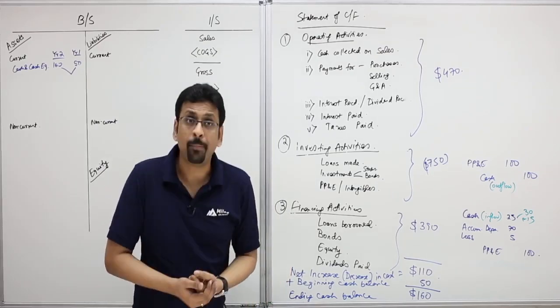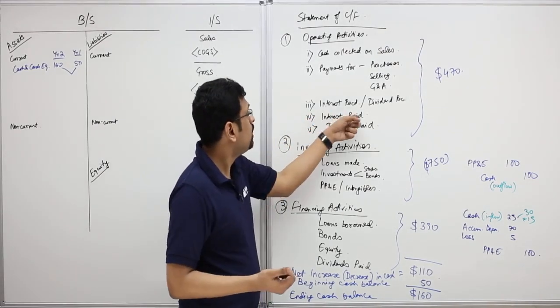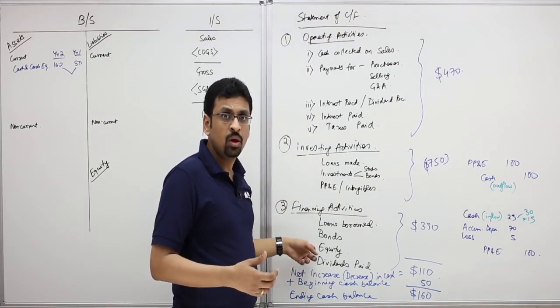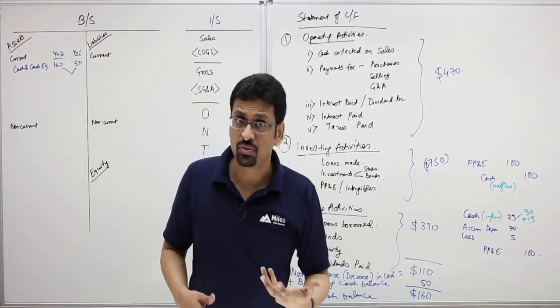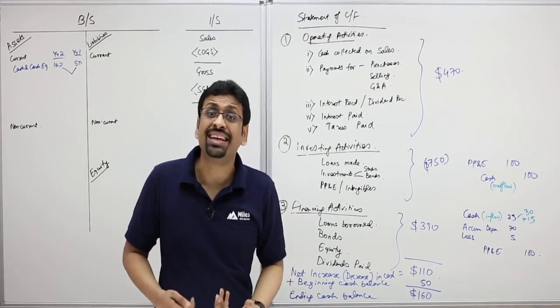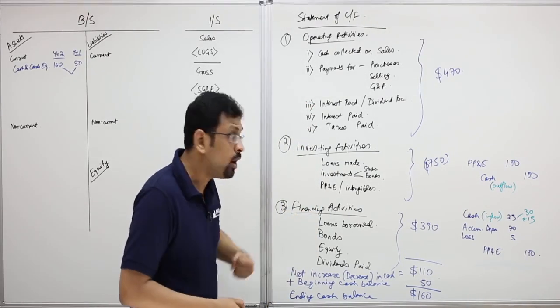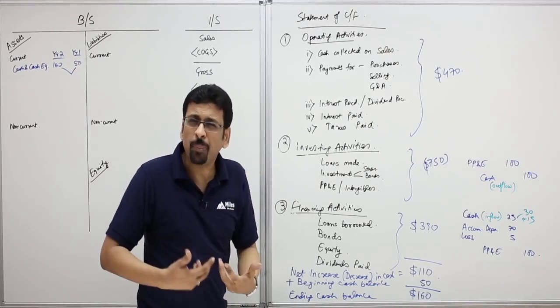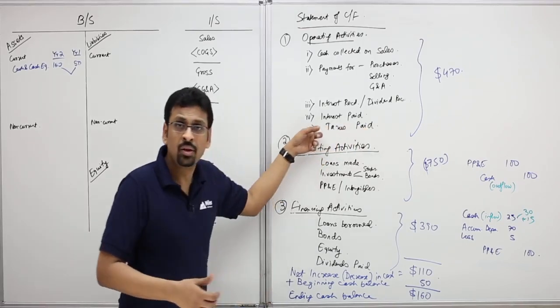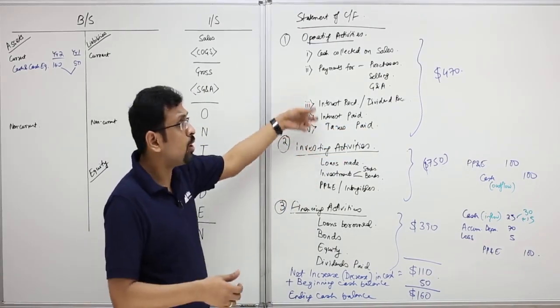Now under GAAP, interest paid is operating, dividend paid is financing. Under IFRS, interest paid or dividend paid may be treated as either operating or financing. So a lot of options for you under IFRS. Even looking at taxes, taxes paid under GAAP is operating.